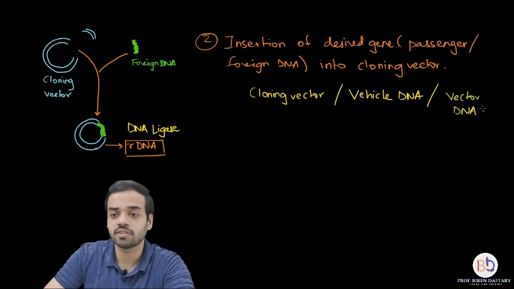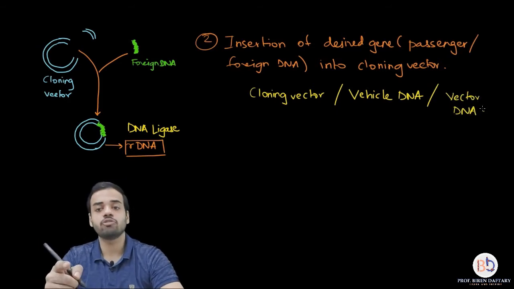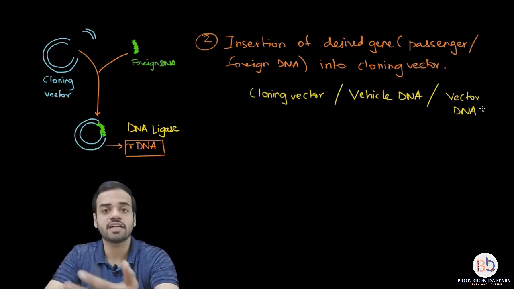Please remember these words. So cloning vector can also be called the vehicle DNA or the vector DNA.